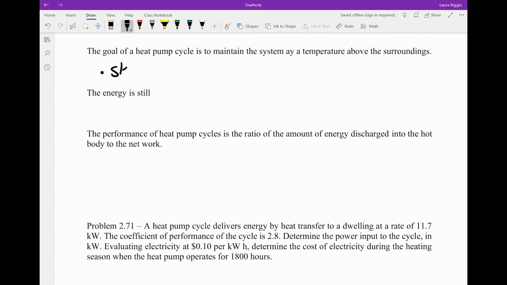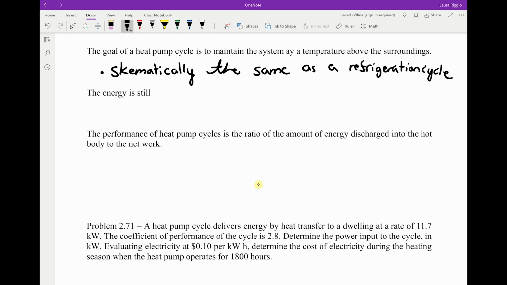And again, it is schematically the same as a refrigeration cycle. We just care about Q out this time instead of Q in.